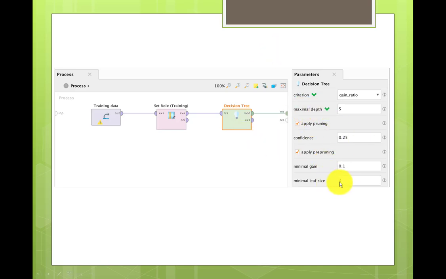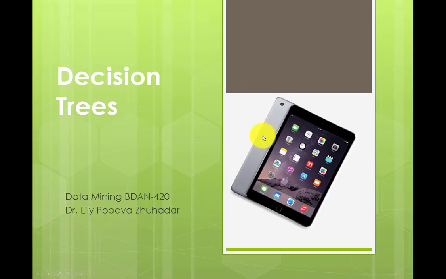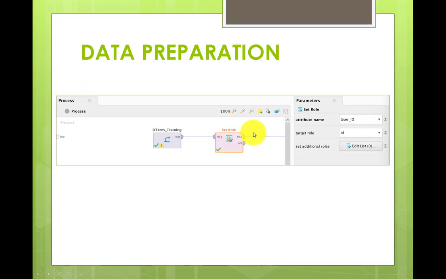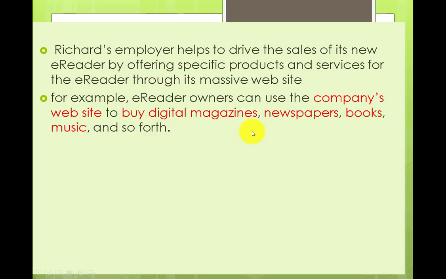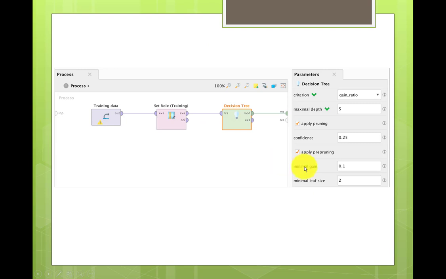Okay, the minimum leaf size, which means the output that is allowed to be a leaf, is 2. In our case the leaves should be according to what your output is. The e-reader has 4 different categories. So our leaf size is selected as 2, however it's gonna generate 4.